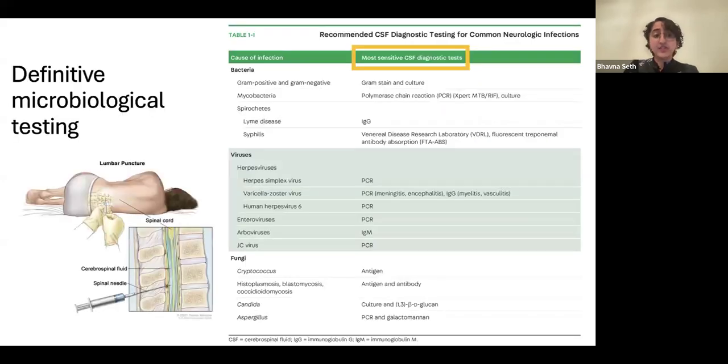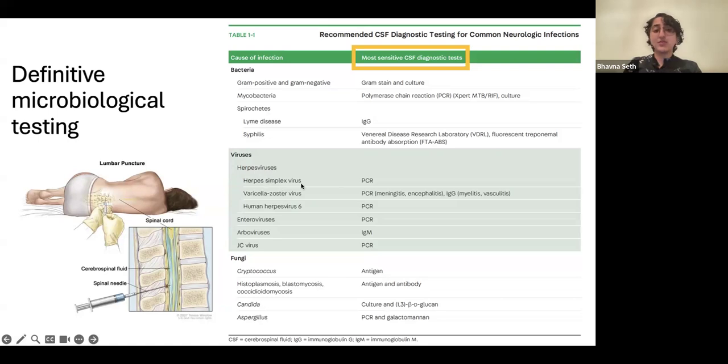And once you are able to get an LP, this is a helpful framework to know some of the most sensitive tests that currently exist for different entities. So if, depending on the tests that come back, you feel your patient may have a viral picture because of lymphocytic infiltrates and other elements, oftentimes PCRs are great and actually quite time efficient to help lead you in a certain direction.